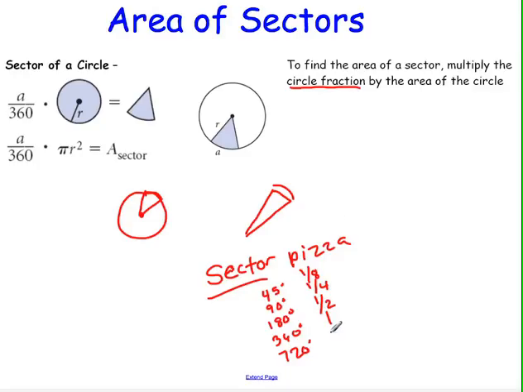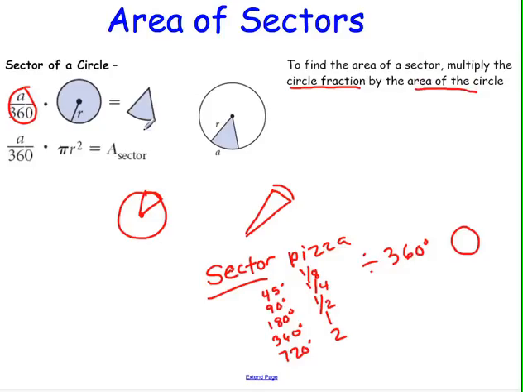And this was 2. So what we're doing here is taking these numbers and dividing by 360, because 360 degrees is one whole circle. And we're looking at what part of the circle we're talking about. So we take our angle measure, divide by 360, and that gives us our circle fraction. And we multiply that by the area of the circle.